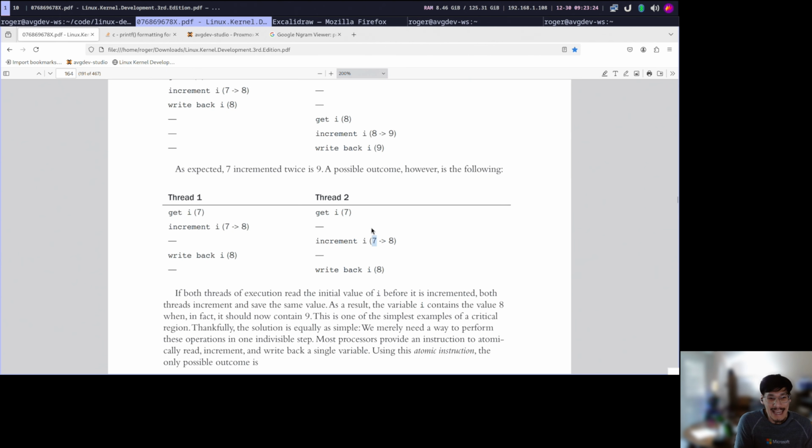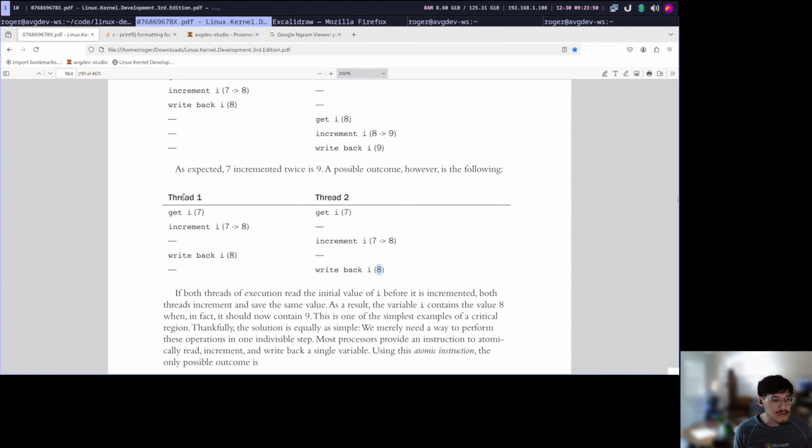It goes from 7 to 8 too. Now thread 1 wakes up again, or realizes that it needs to keep running. It updates the location in memory that represents I, and remember, this memory is shared, to the value 8 in this case. Thread 2 also does the same thing with its result, 8.